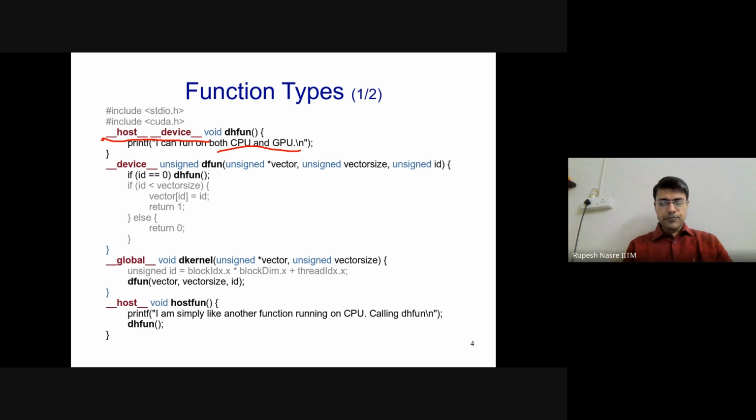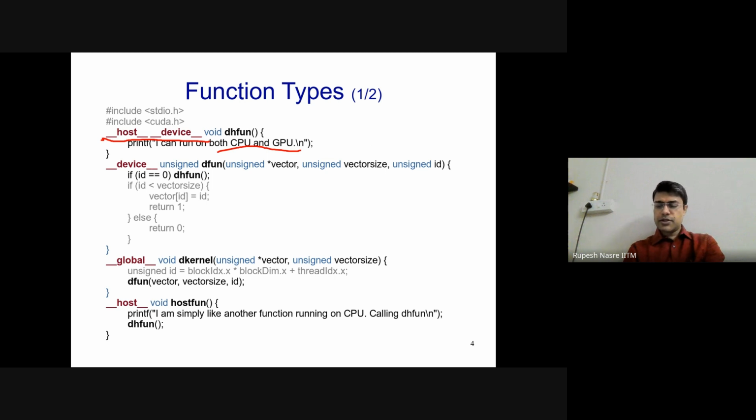For example, printf works on CPU as well as GPU, so that will work. But if you put threadIdx.x, that works only on the GPU and not on the CPU, so the compiler will give an error. Or in contrast, a string copy function works on the CPU but is not available on the GPU, so again the compiler will give an error.